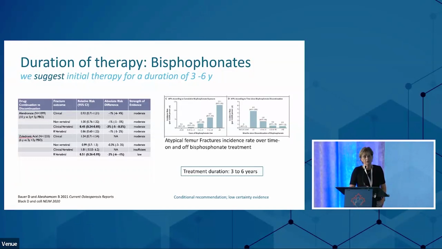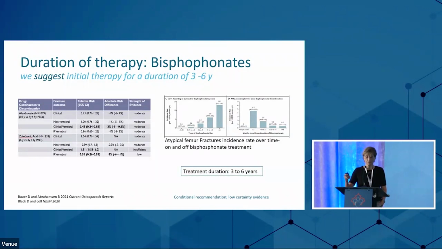So 5 years and the 5 extra years, that's the FLEX trial. And then there's one with zoledronic acid, an intravenous bisphosphonate, that showed that you could probably reduce vertebral fractures, particularly radiographic vertebral fractures, but you don't have a big impact on non-vertebral fractures if you continue the bisphosphonate for prolonged periods of time.